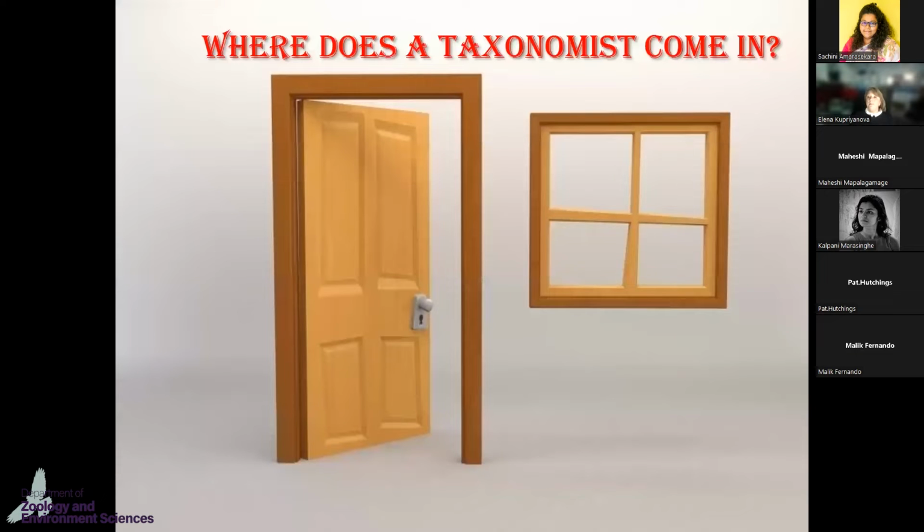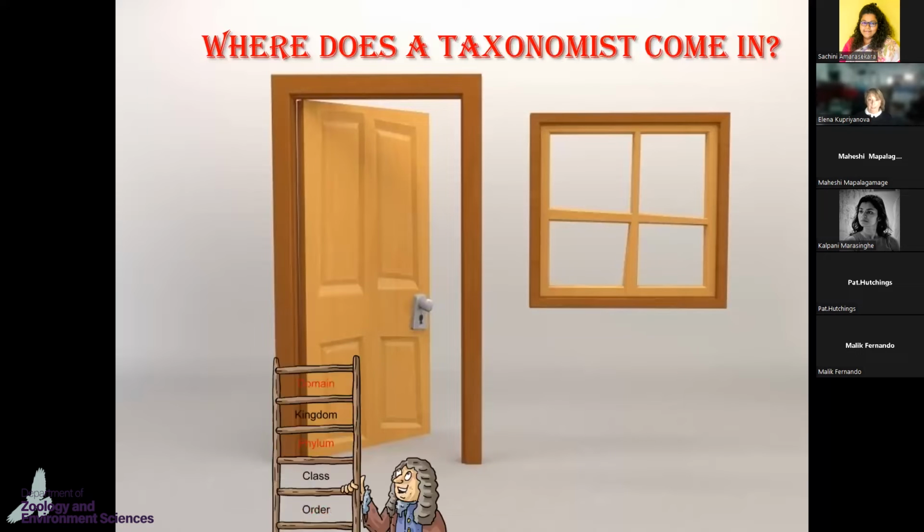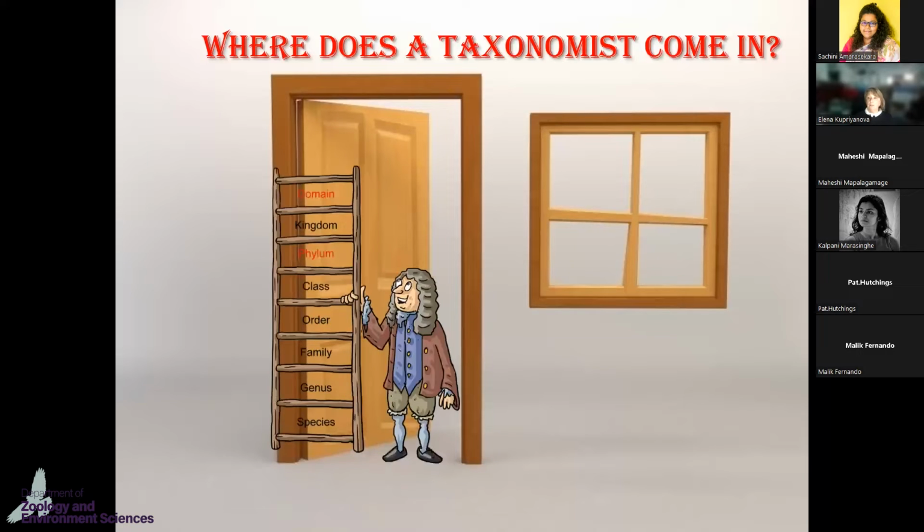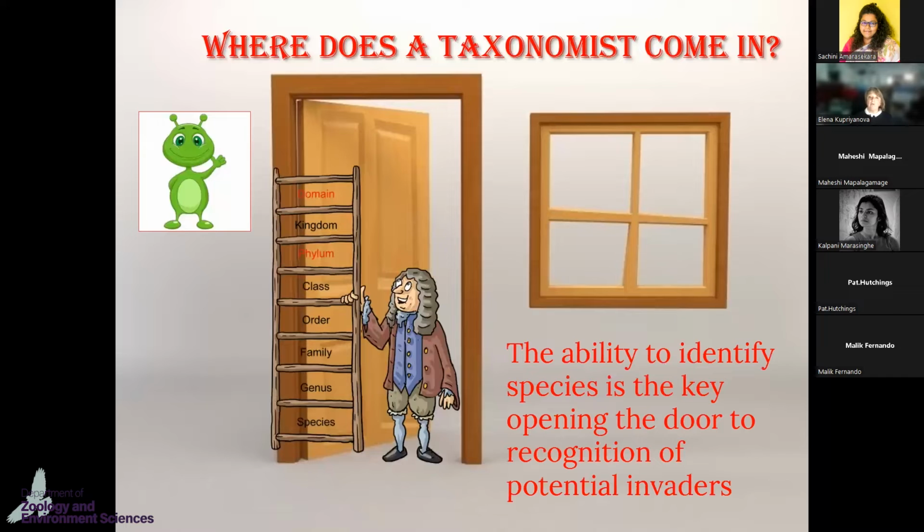So what is the moral of this story? Clearly, taxonomical information is important, as the correct identification of the alien species would have prevented this invasion. The ability to identify species is the key opening door to recognition of potential invaders.